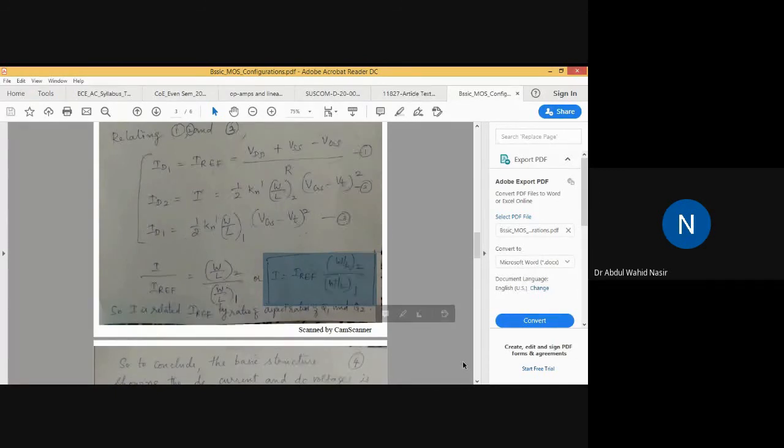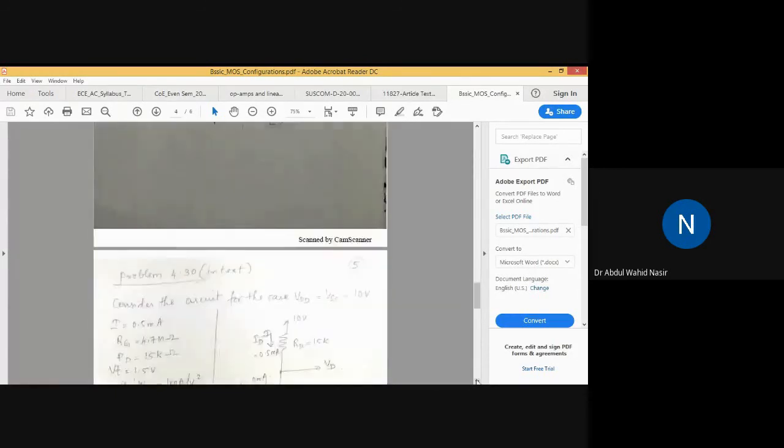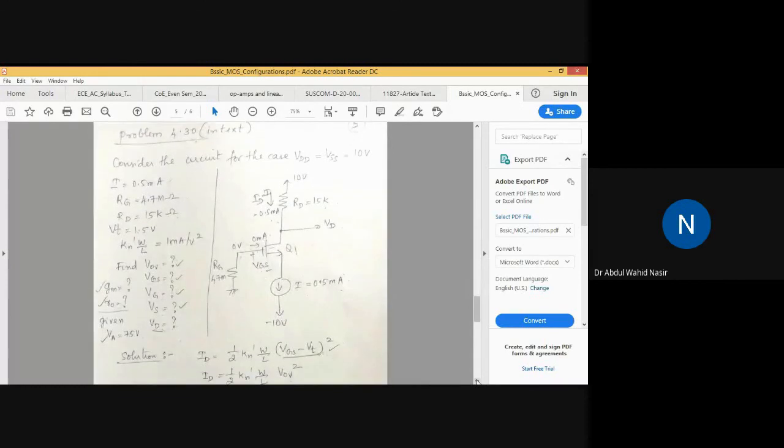Now we will see one numerical problem associated with this. This problem is taken from the solved example in the text, 4.3. Consider the circuit for the case VDD equals VSS equals 10 volt. I is given as 0.5 milliampere, RG is equal to 4.7 mega ohm.